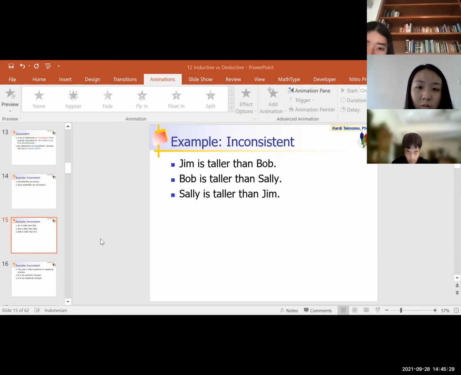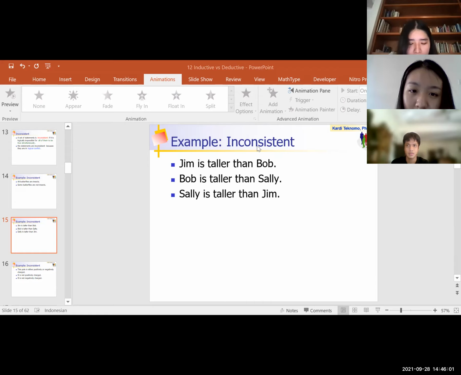So logically, Jim is the tallest one, but the third premise says that Sally is taller than Jim. So this is inconsistent, because it broke the logic from the first part, sir.